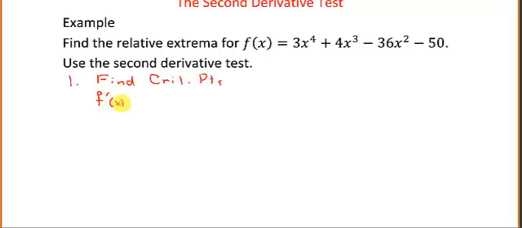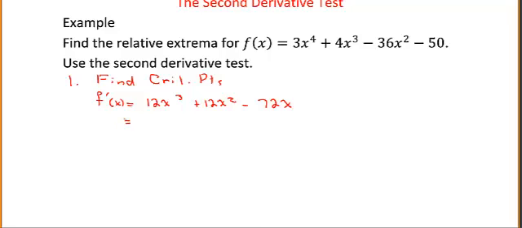The first derivative here will be 12x to the third plus 12x squared minus 72x. This is a polynomial, so it's never going to be undefined. So let's figure out where it's going to be 0.